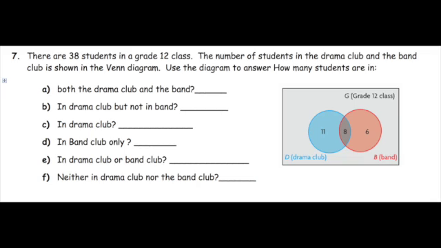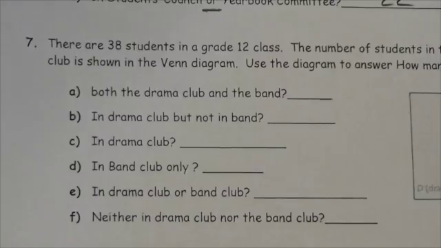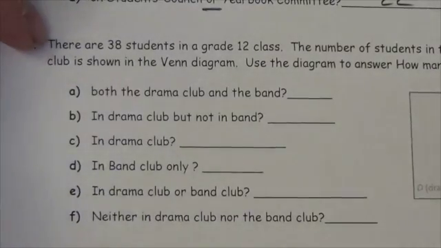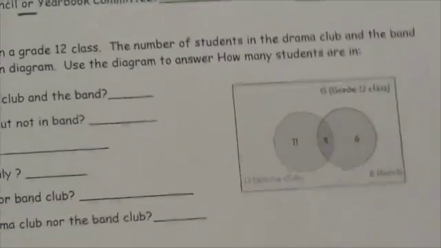There are 38 students in grade 12. The number of students in the drama club and the band club are shown in the Venn diagram below. Use the diagram to answer the questions about how many students are in the following sets. Okay, similar question to the one that we just did. We're just interpreting the Venn diagram. So how many students are in both drama club and the band?